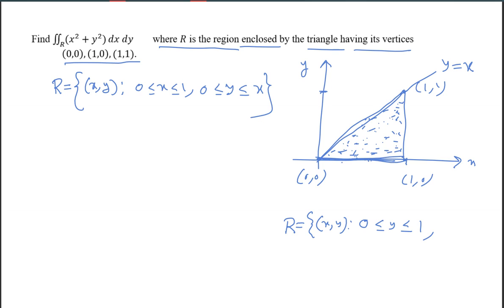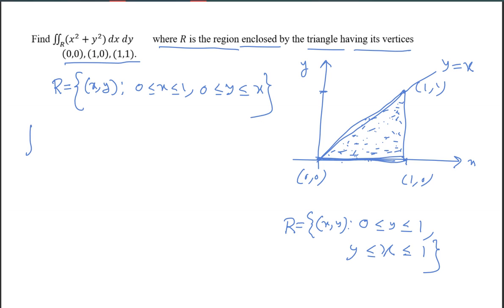Same thing, yes or no? So x runs from 0 to y, since y is less than or equal to x, that's the line. Both are correct, yes or no? Yes, sir. So you can represent it in either way. Once you represent this thing, then the rest will be easy.